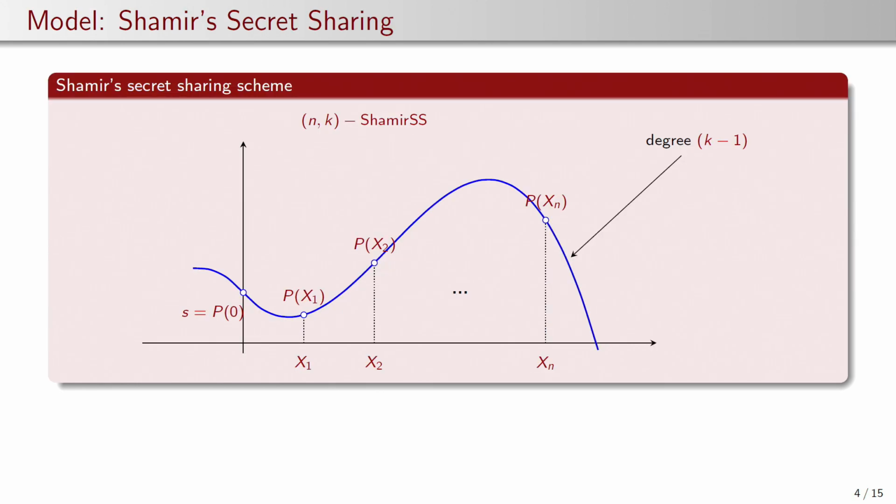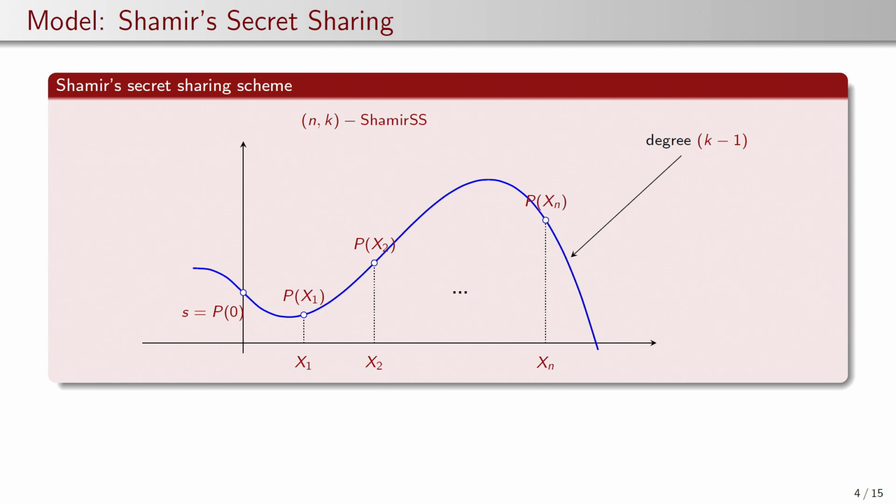Okay. Before stating our results, let me briefly recall the Shamir scheme and the leakage model. Here is a summary of the scheme, which probably most of you are familiar with. It is a polynomial-based construction. To share a secret s, it picks a random polynomial of degree less than the reconstruction threshold, such that the secret is equal to the evaluation at 0.